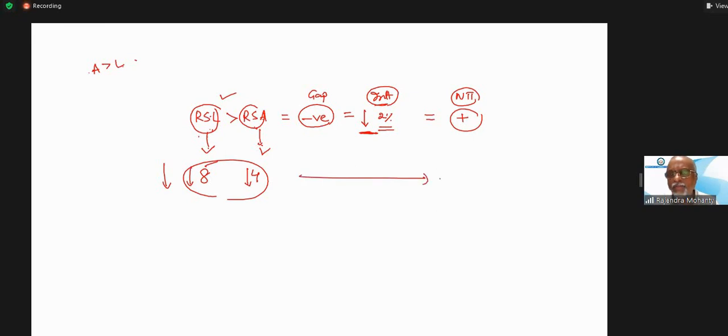So net impact will be what? It's a negative impact. How negative impact again? Suppose 10 rupees earlier you are paying, 8 rupees less you are paying, means now you are paying 2 rupees, means 8 rupees savings or not?